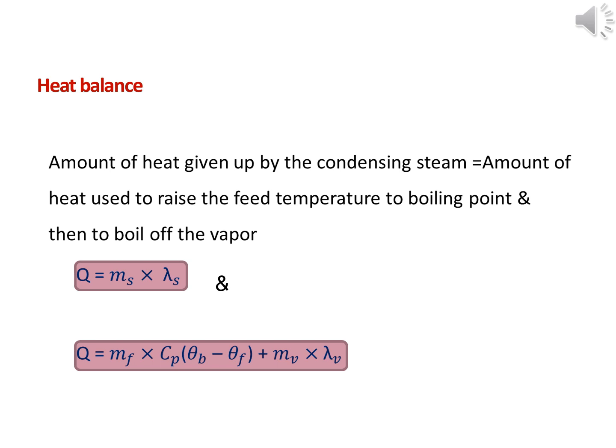For the product, Q is equal to MF times Cp times (theta B minus theta F) plus MV times lambda V. Here lambda V is the latent heat of the vapor and Cp is the specific heat of the feed.